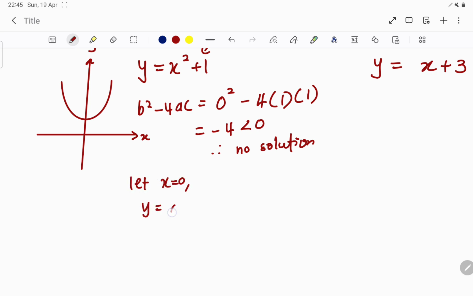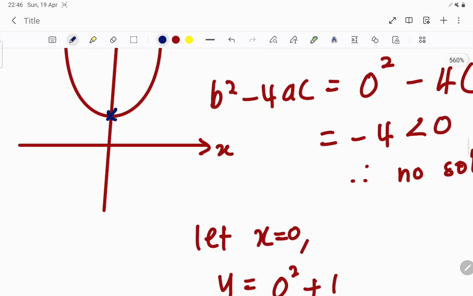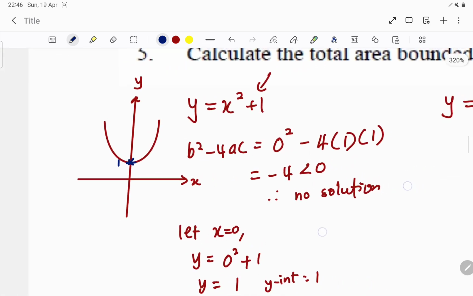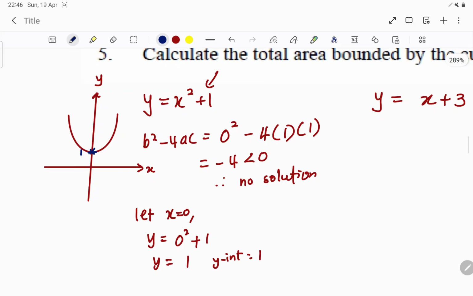Then your y becomes 0 squared plus 1, so y is equal to 1. So your y-intercept is 1, so it intercepts at y equals 1, like this. This is your graph for x squared plus 1.